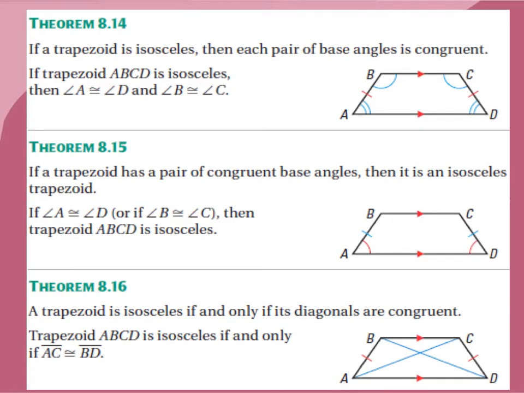So now we have some theorems here, and they're all talking about our trapezoids, an isosceles trapezoid. The first one says, if a trapezoid is isosceles, then each pair of the base angles are congruent. So here, we're going to see that base angles A and D are congruent, and B and C. And the way that we can say that is we've got the congruency marks on the legs indicating that this is an isosceles trapezoid.